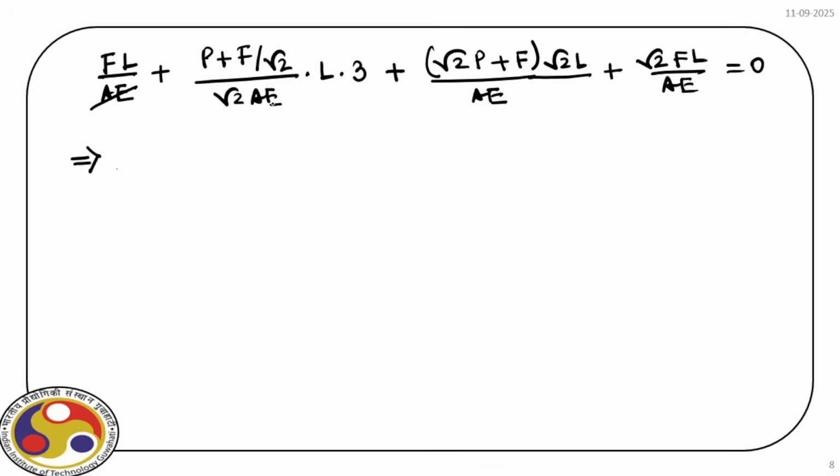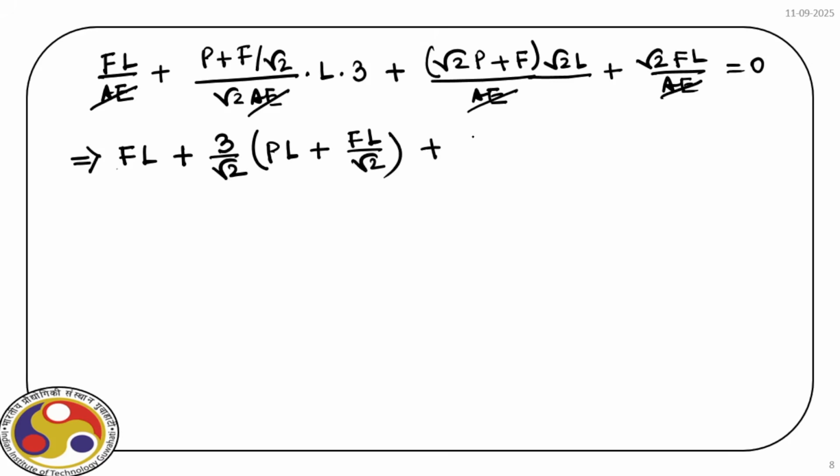So we can cancel this AE. So the first term is FL plus we have 3 by root 2 times PL plus FL divided by root 2 plus we have root 2L times root 2P plus F plus root 2FL. This is equal to 0.